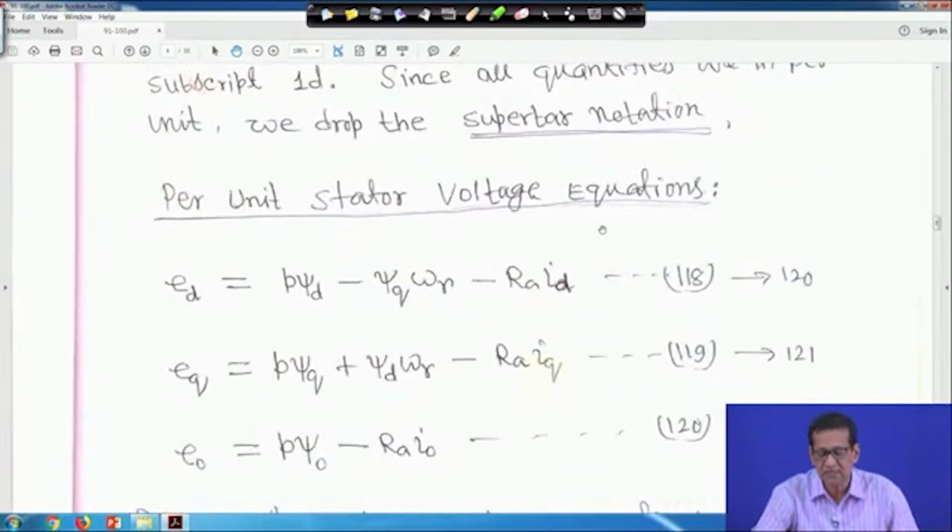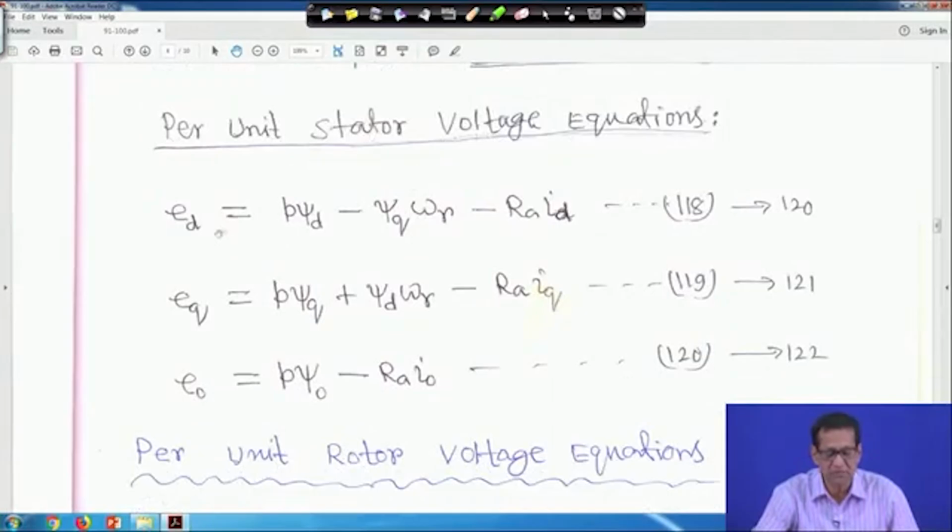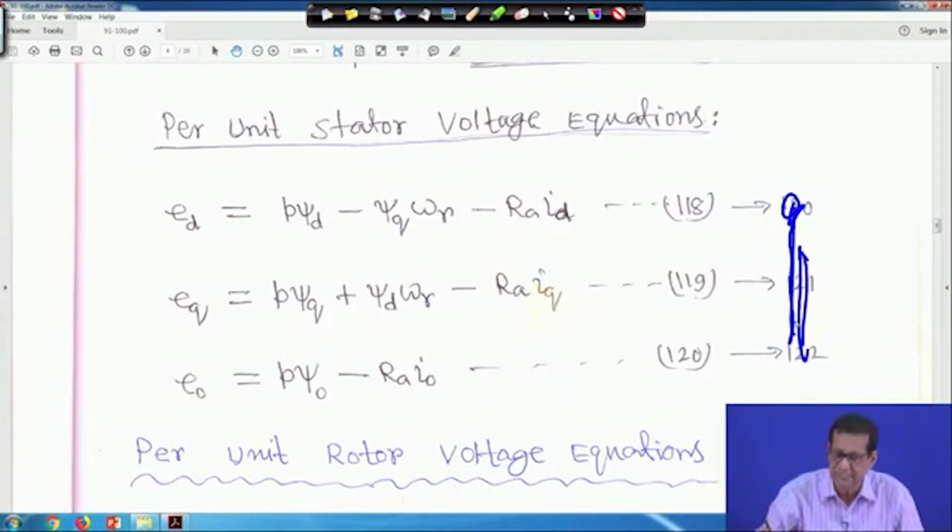So, per unit stator voltage equations. Here we are not putting the bar, but these are all per unit. Again and again we will not put the bar, but this is understandable. Whatever equation is written on the right side, you should not look at it, because of something I wrote.